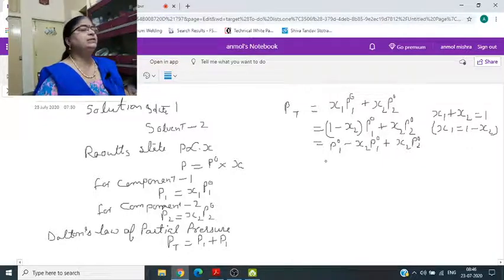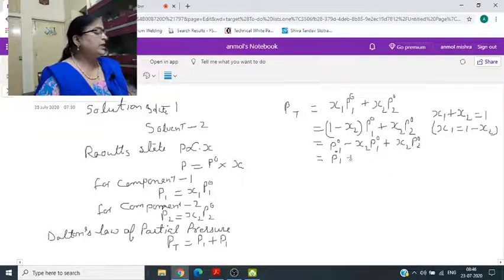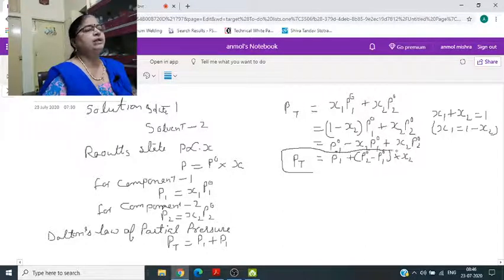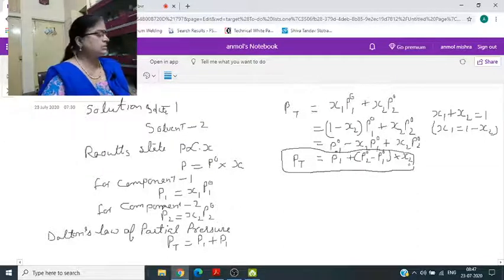When we take X2 common, this can be written as P01 plus (P02 minus P01) into X2. By this we can find out the total pressure of the components when both are volatile. This equation we can use in solving numericals.